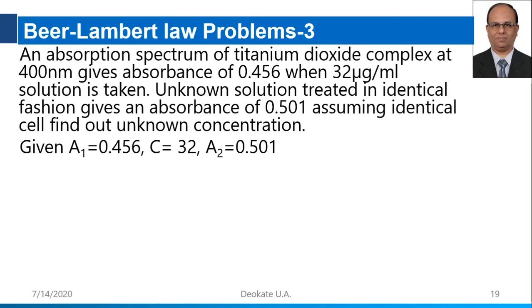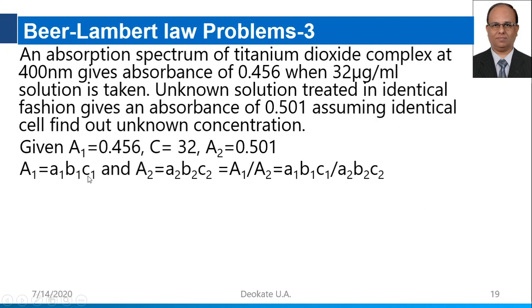Which formula can we use? A equals epsilon BC, all of you know this formula. If we want to compare the two substances, we can use the same formula for the absorbance of two substances. So we can convert this formula.